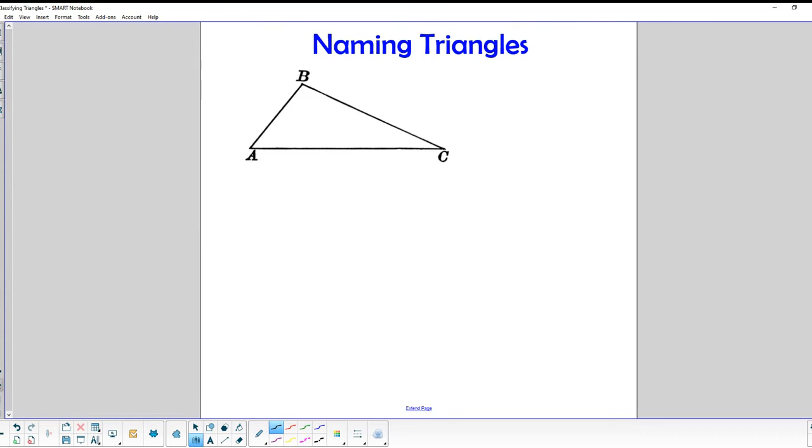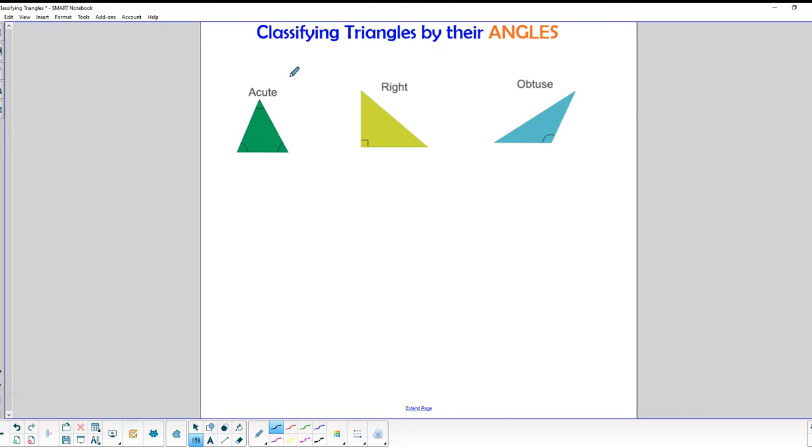So today we're going to be naming triangles and doing a little work in that respect. Before, in our last lesson, we were talking mostly about just specific angles, and now we're going to be combining them together. So we know that if we have a triangle that has all acute angles, that's considered an acute triangle.